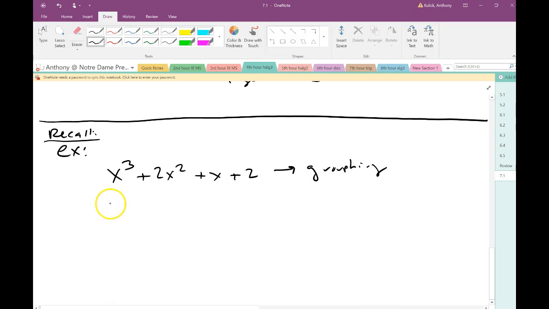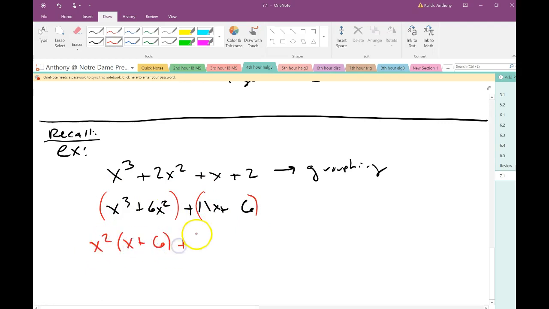And then we said, well, what if we had something that we couldn't factor by grouping? So what about something like x cubed plus 6x squared plus 11x plus 6? If we try to factor this by grouping, we're going to fail, because from the first group I can take out an x squared, in the second group I can only take out an x, or a 1, and you'll see that these factors are not the same, so we're stuck.